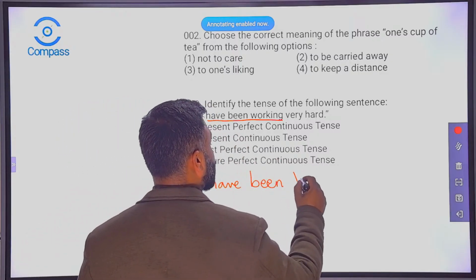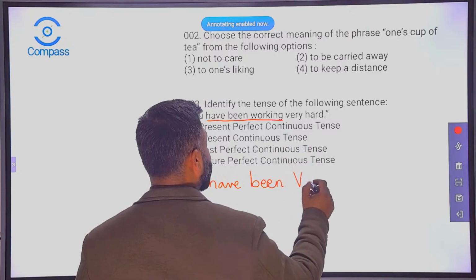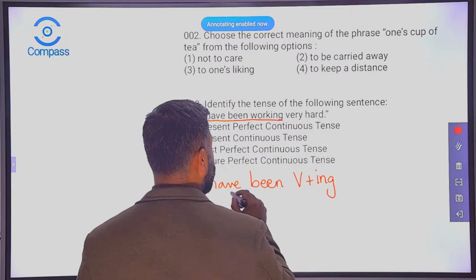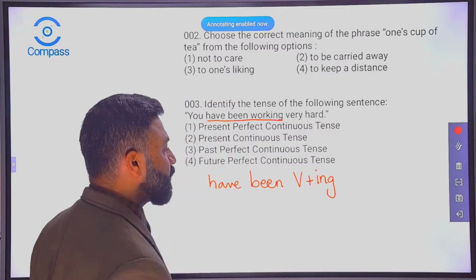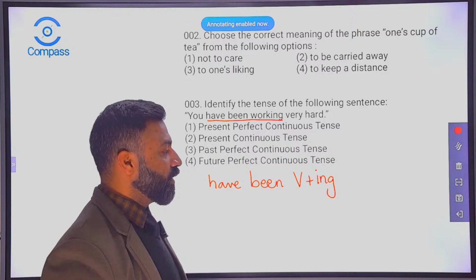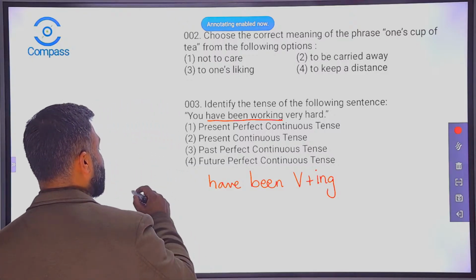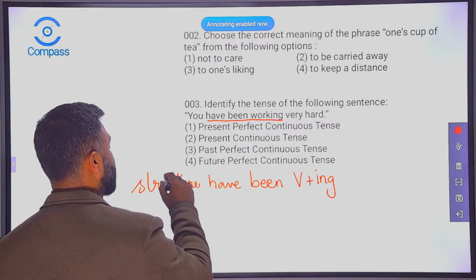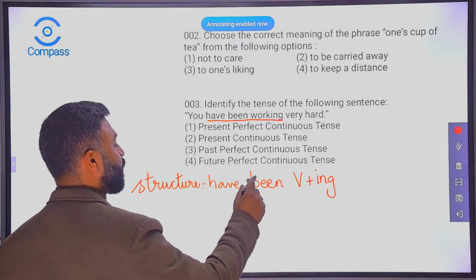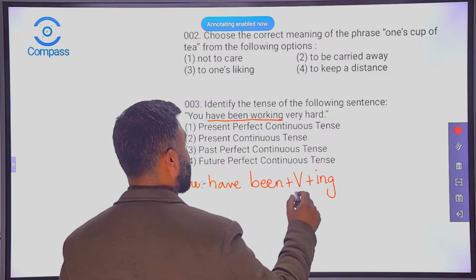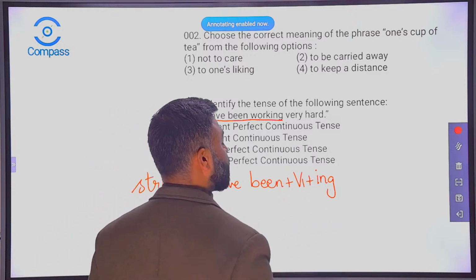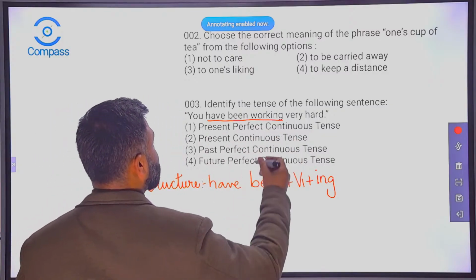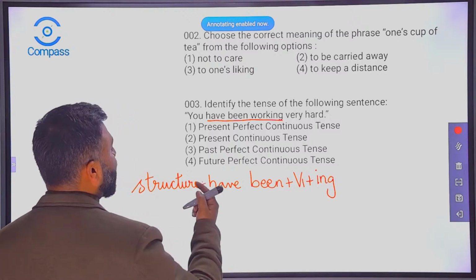Work means verb, and then ing. Sounds a little familiar, right? In which structure do we get to see this? Have been plus V1 plus ing. Where do we get to see this? Let's see. Present perfect continuous tense, I do not know. Let's check one by one.